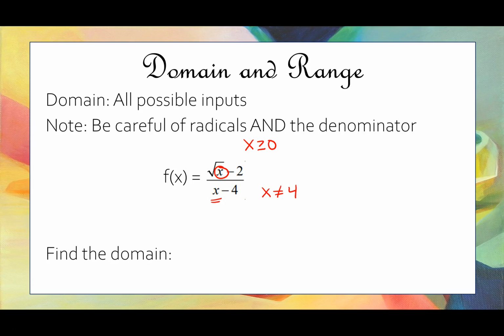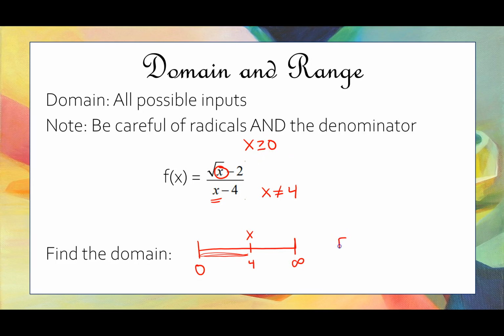So what does this look like? Well, let's look at our table here. We know that x has to be greater than or equal to 0, but we know that it cannot be 4. So we do want to include all of these values right here, including 0, because x has to be greater than or equal to.